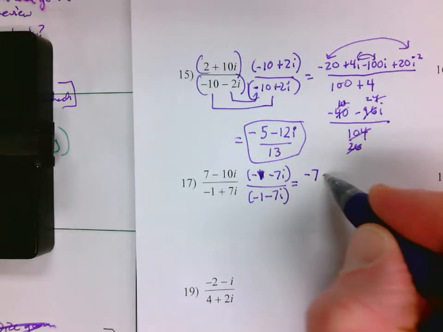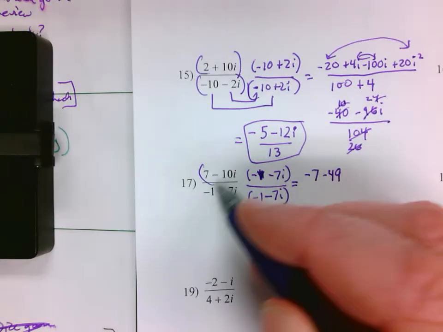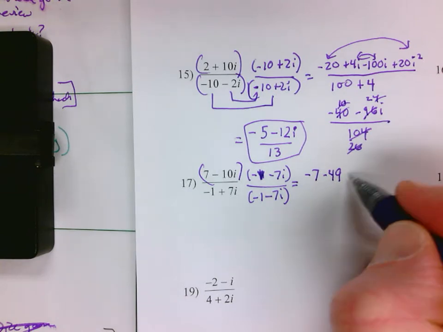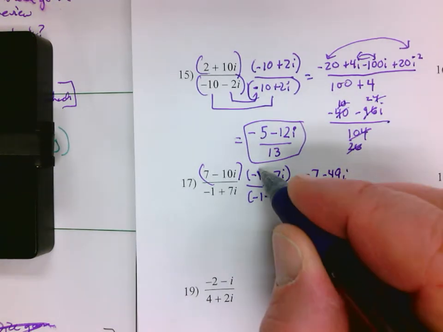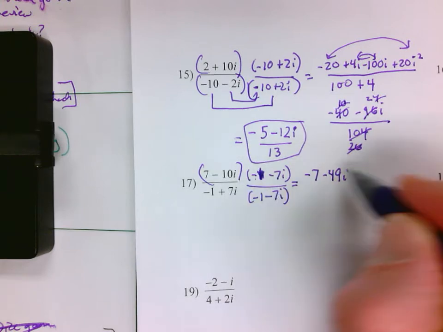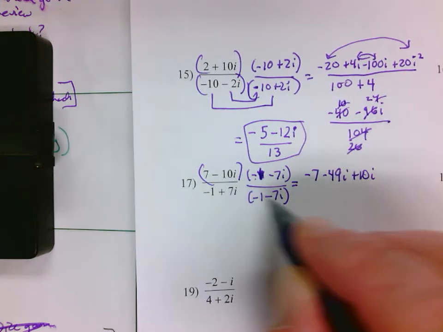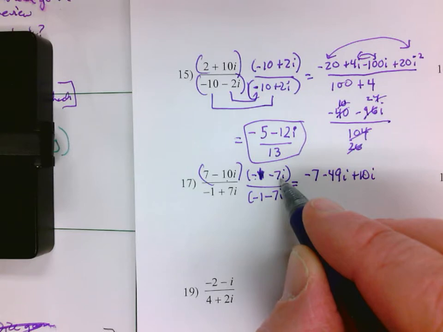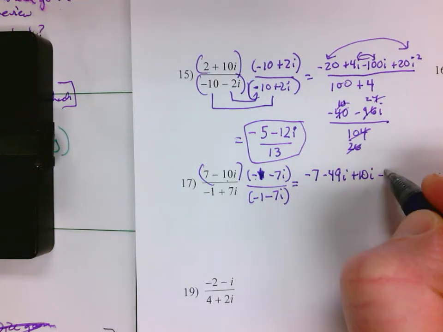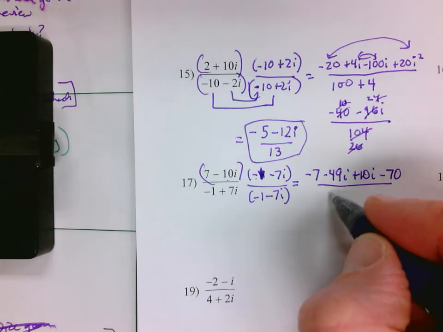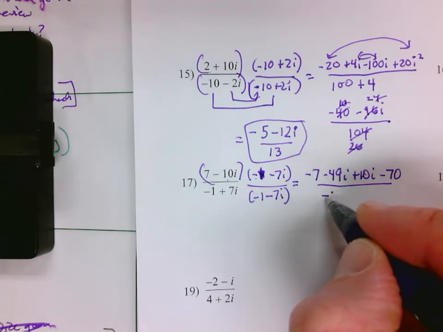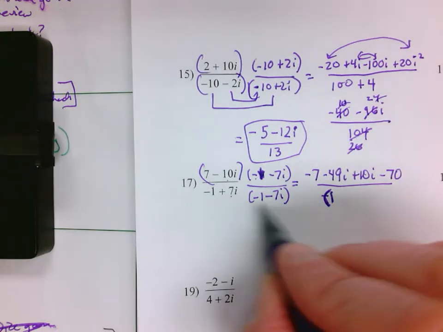I'm putting parentheses around there. Negative 10i times negative 1 is 10i. Negative 10 times negative 7 is 70, but it's i squared, so I'm just doing minus 70. All over negative times negative 1. Negative 1 times negative 1 is 1. It's negative 49, so it's plus 49 because it's i squared.